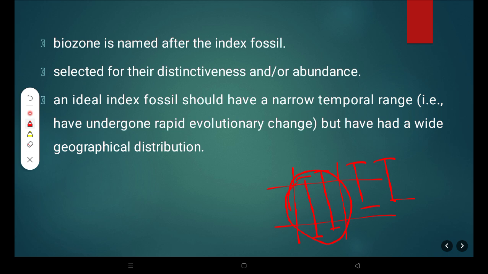An ideal index fossil should have a narrow temporal range, that is, have undergone rapid evolutionary change, but have had wide geographical distribution. As I have already told, they have a narrow geological range but wide geographic distribution.